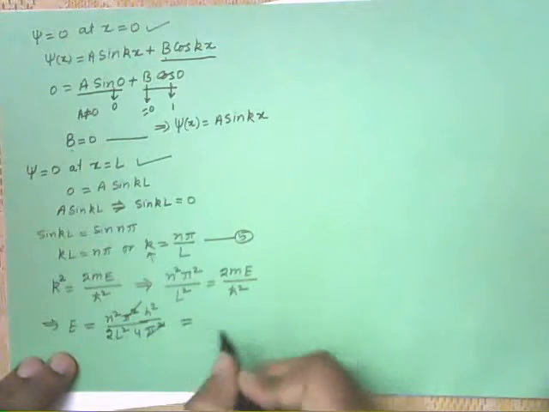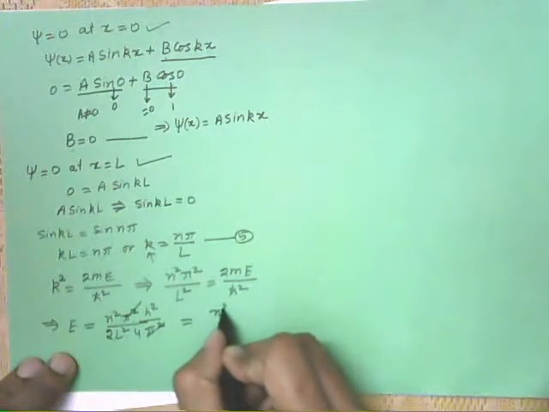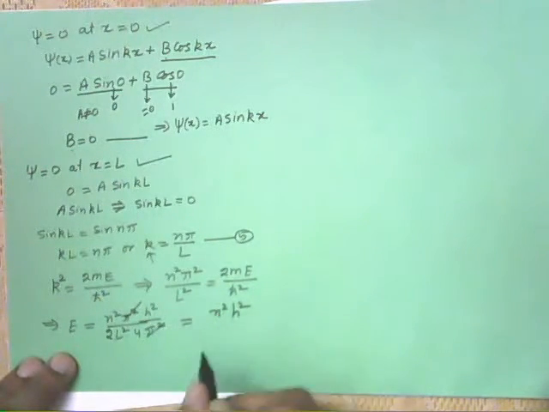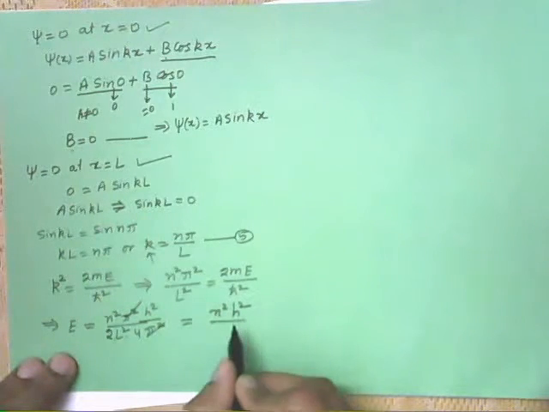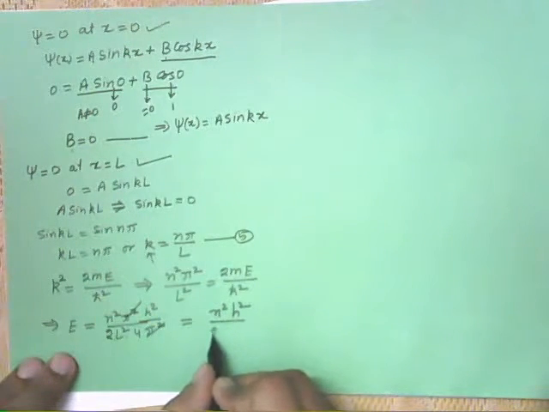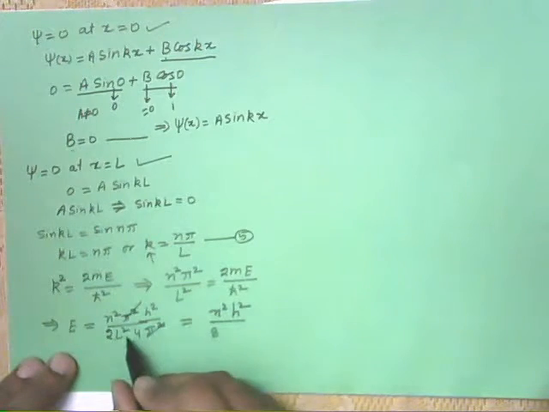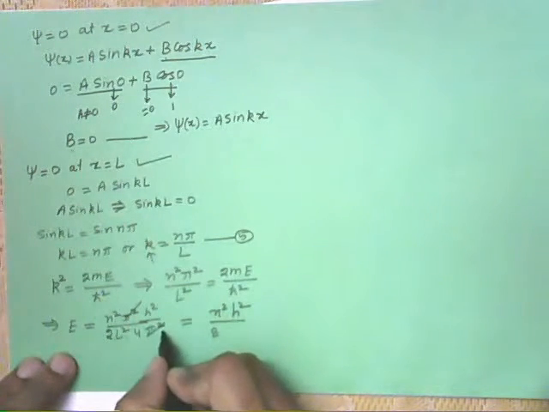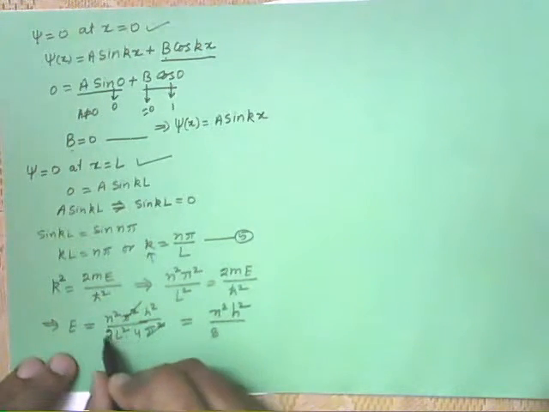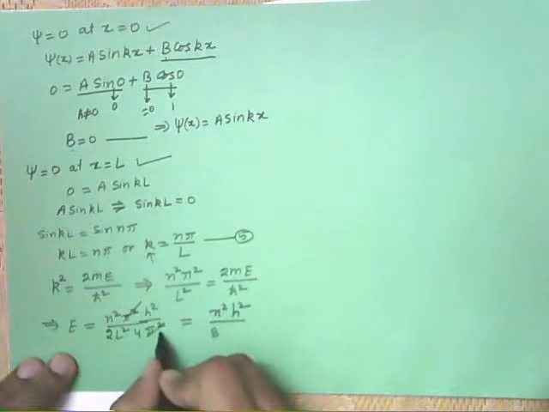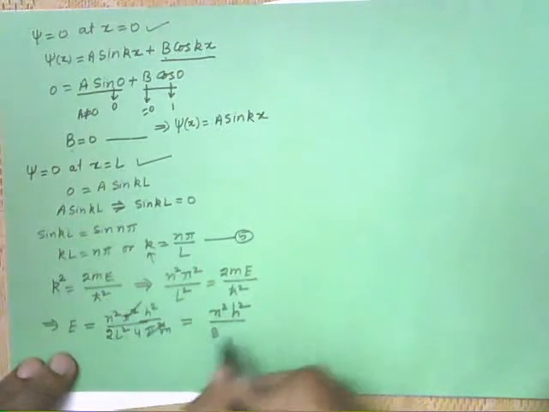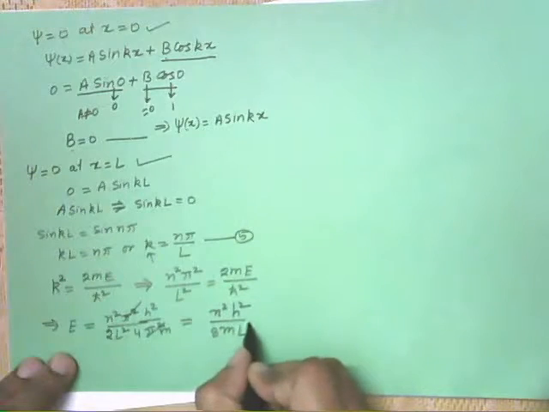So you are getting n square h square upon 8m L square.